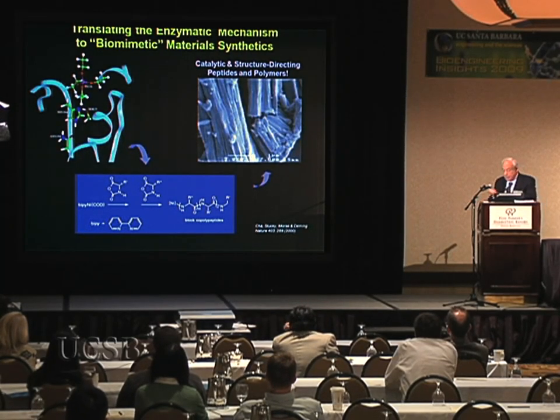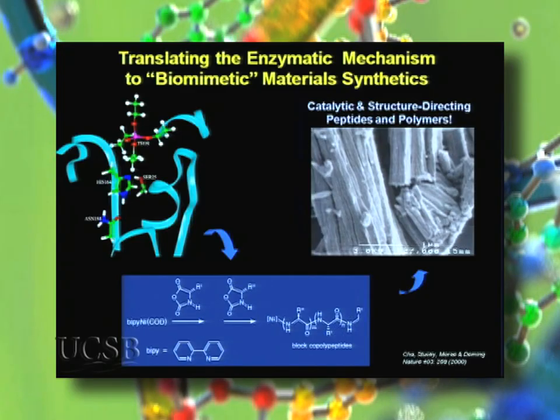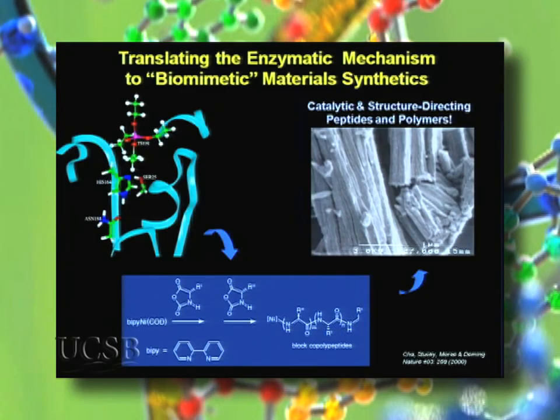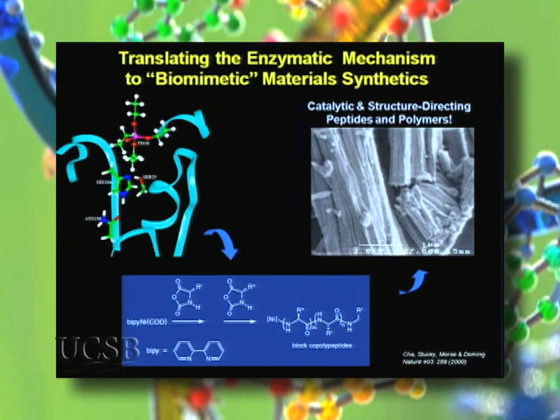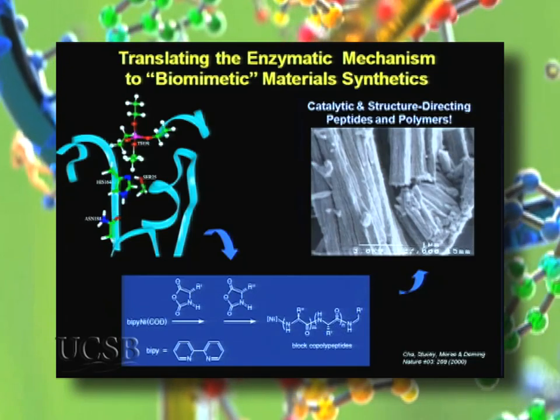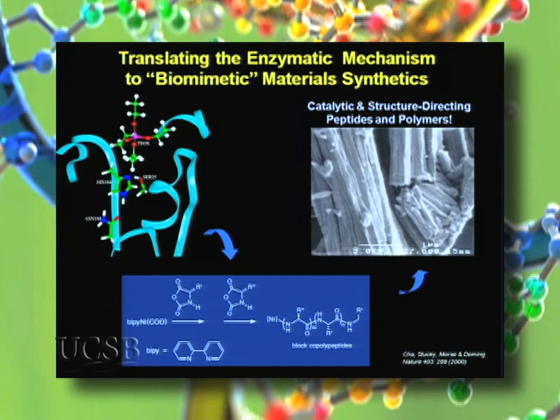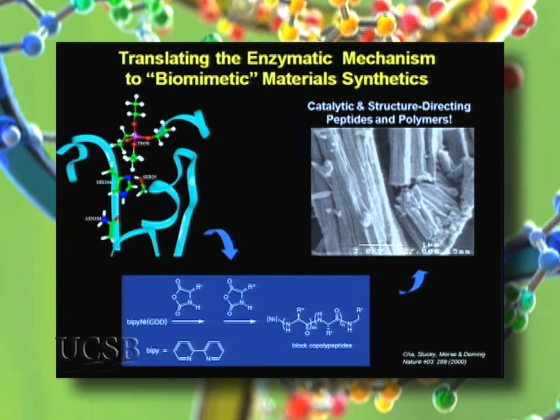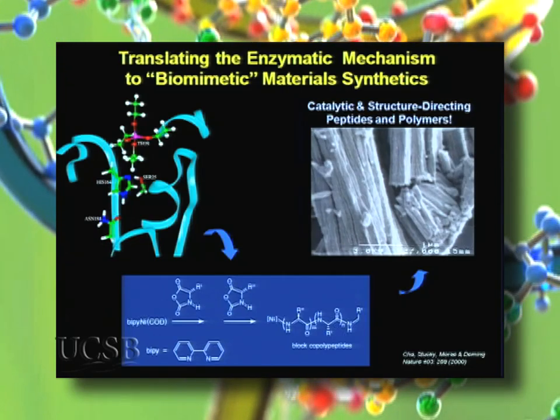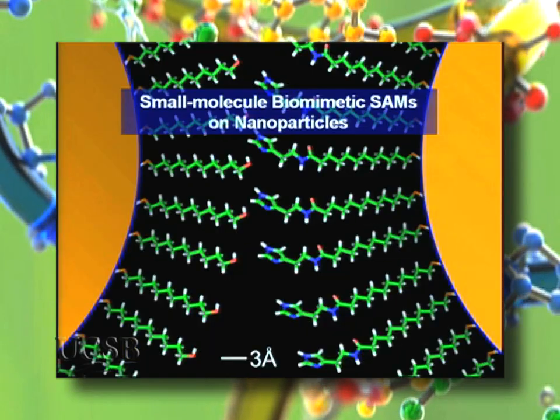If we allow these to concatenate so they make long templates, they template the formation of long fibrillar bundles of silica. If we block the concatenation, they would only make small glassy beads. So we began to get confidence that we were understanding the molecular mechanisms in detail.